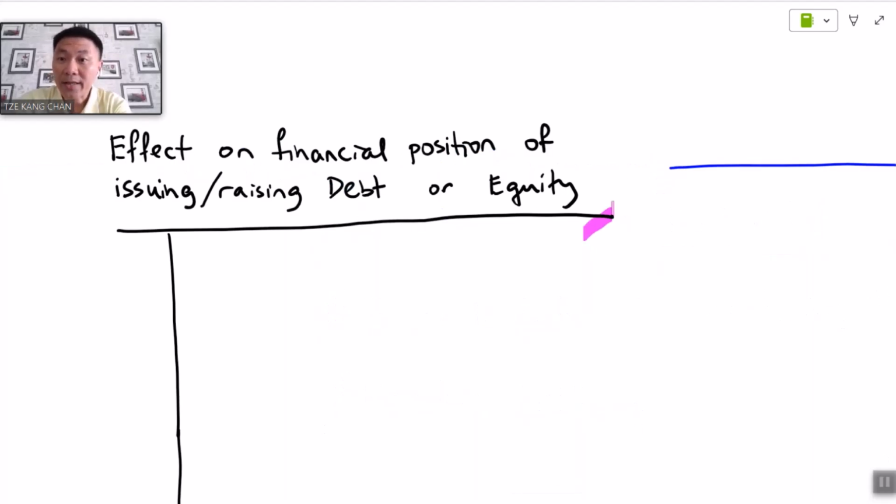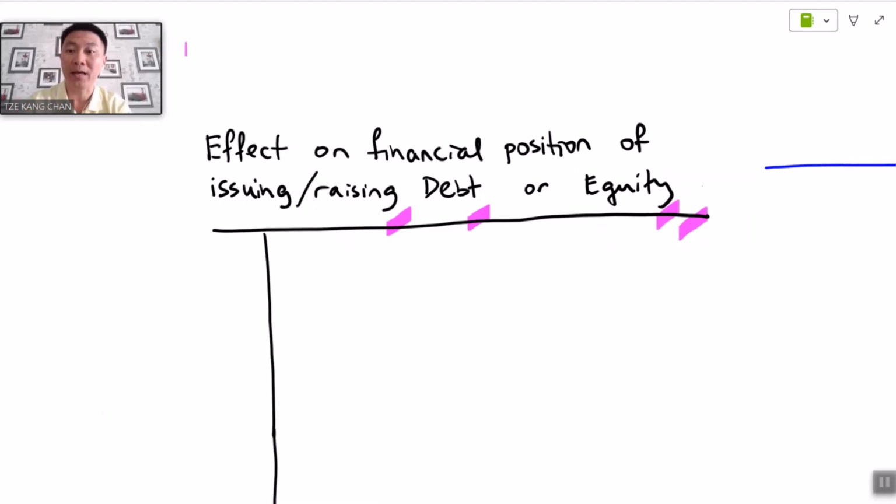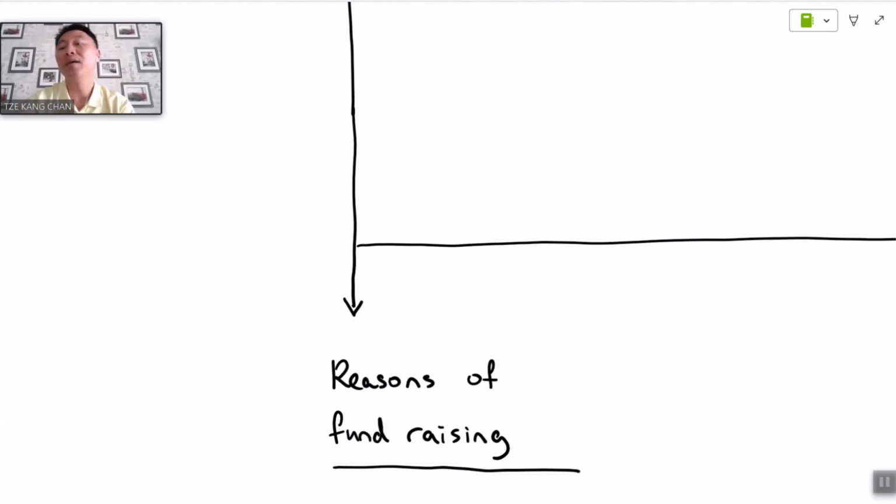The explanation and illustrations on how the financing positions or the financial performance of businesses will be affected as a result of issuing or raising additional finances via debt or equity will be demonstrated in the following areas. First, I'll tell everyone the reasons for businesses raising funds.